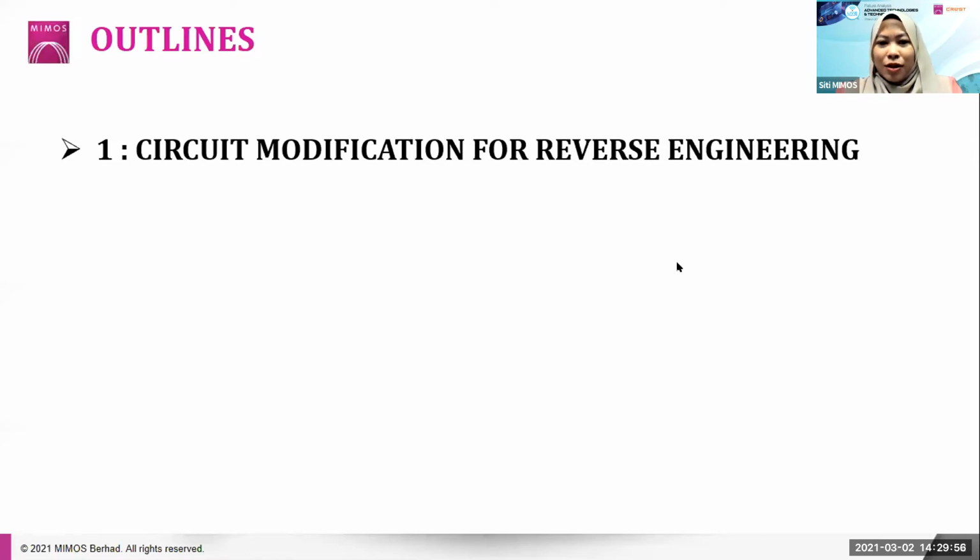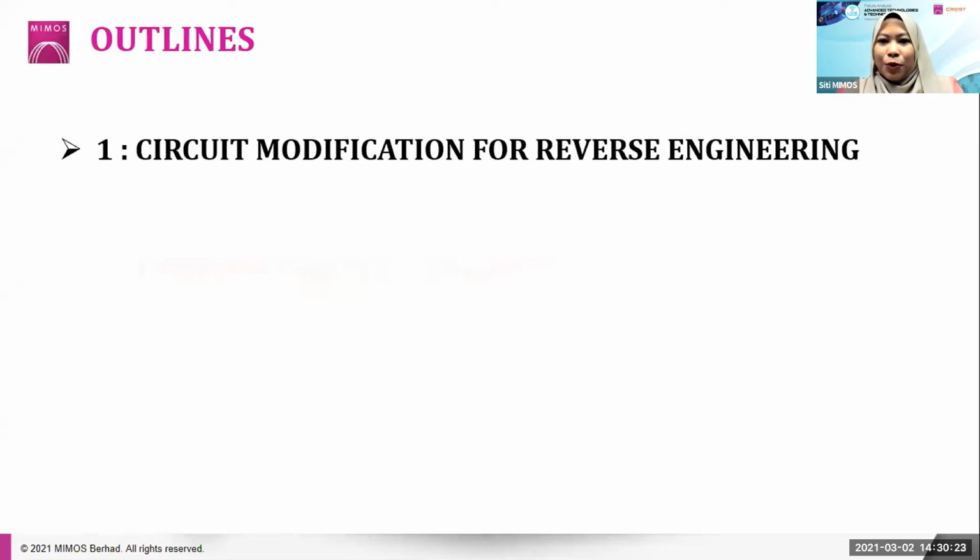So of course, the circuit modification process can be more complex as compared if you have only 1 or 2 metallization layers. Furthermore, there are thousands of transistors, resistors, and also other components in the device. However, in this case study, we will only show to you a simple circuitry for an example.